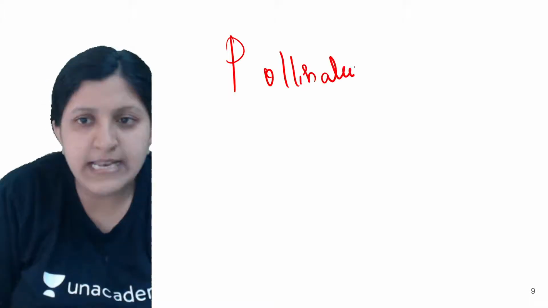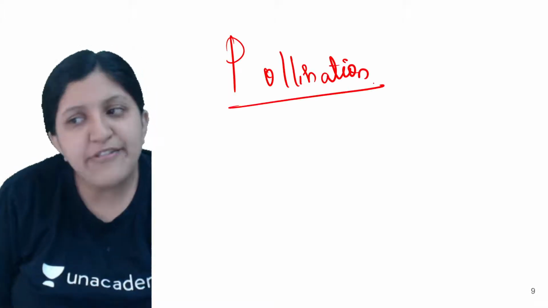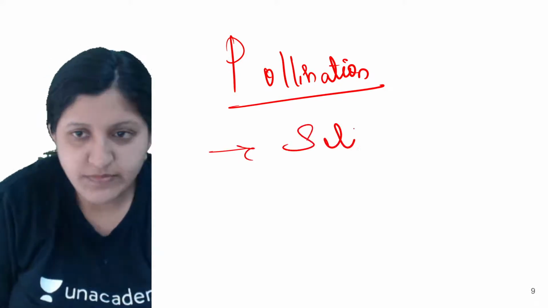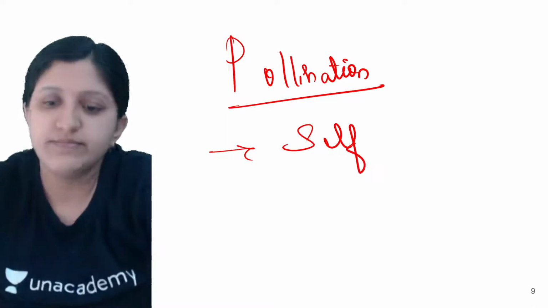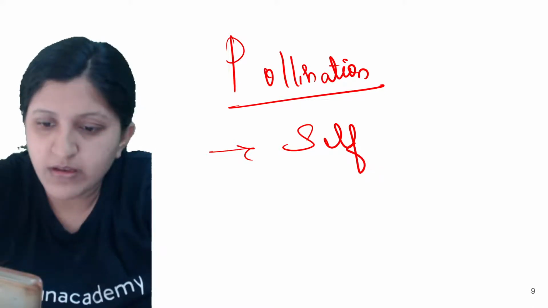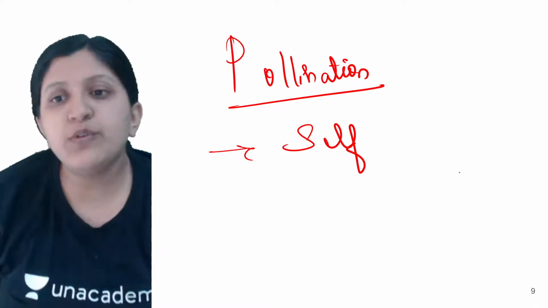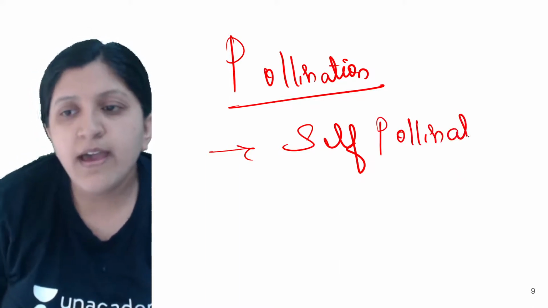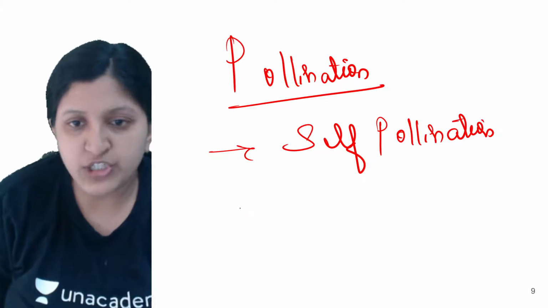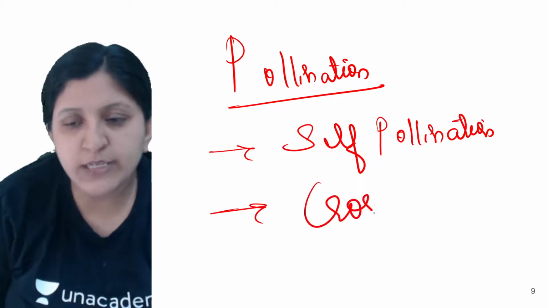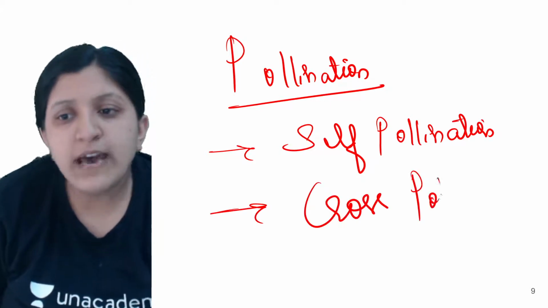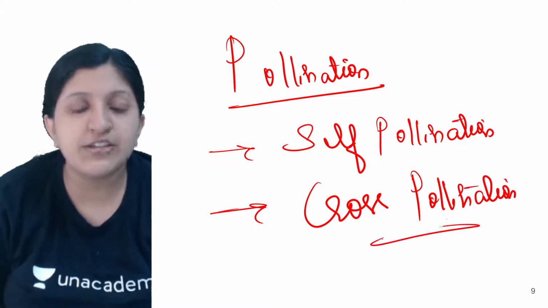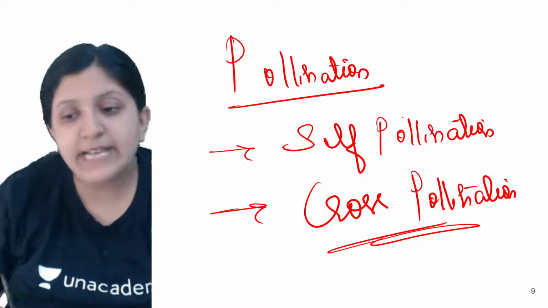Basically there is self pollination and cross pollination. These are the two processes that you will come across. These are the methods, and now we'll discuss the types, like where exactly this occurs.